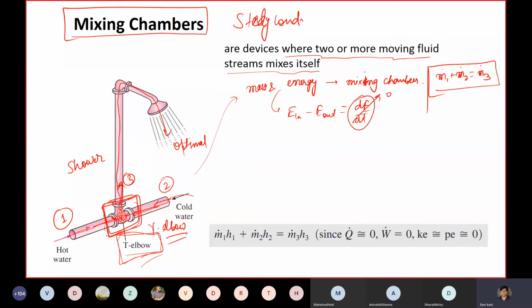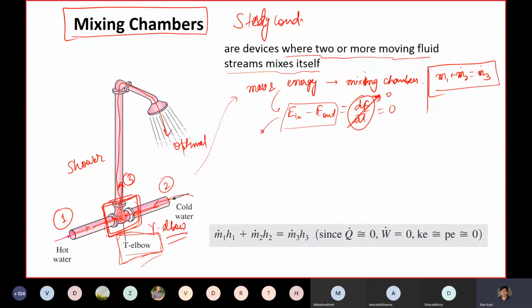I assume that things have approached steadiness, so there are no transient conditions right now, no opening or closing conditions. The flow has settled enough, so there is no change in the control volume. So E in is equal to E out.